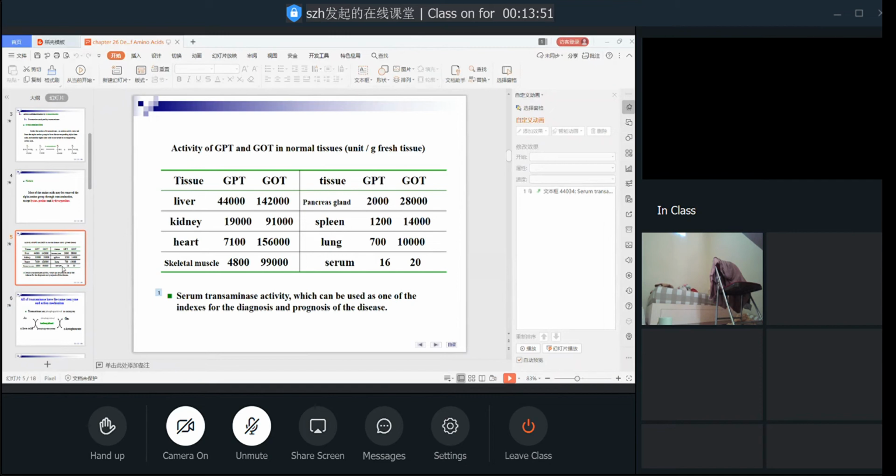So maybe when our students come to China and go to the hospital, they extract your blood, separate the serum, and detect the transaminase activity. And the doctor may tell you your body is very healthy.